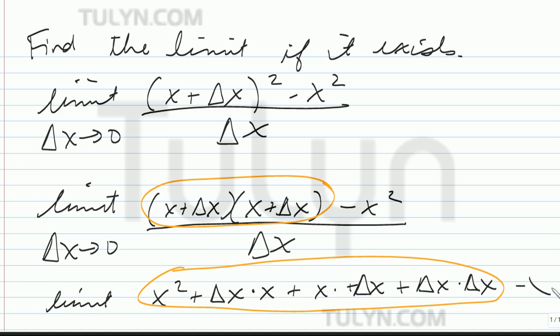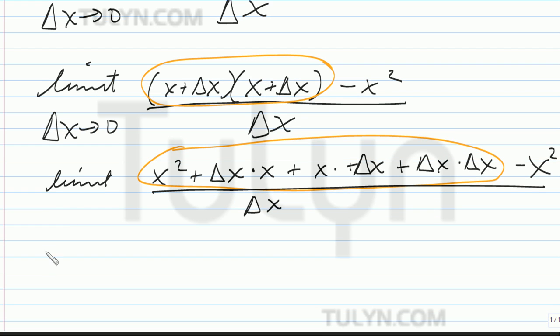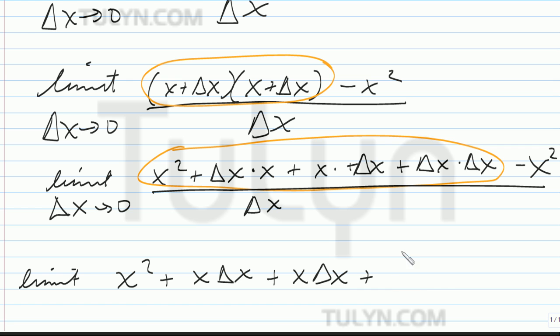And then the rest of it, minus x squared over delta x, right? And then as delta x approaches 0, now the limit, and combine your like terms, of the x squared plus x delta x plus x delta x plus delta x squared minus x squared.